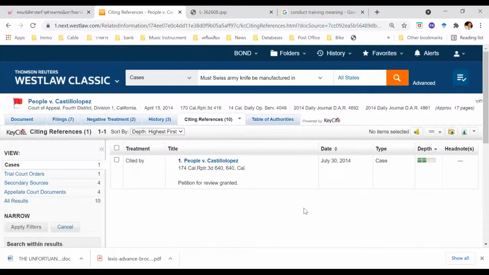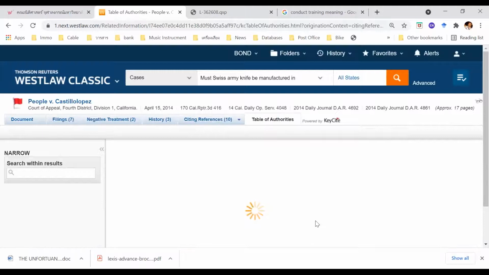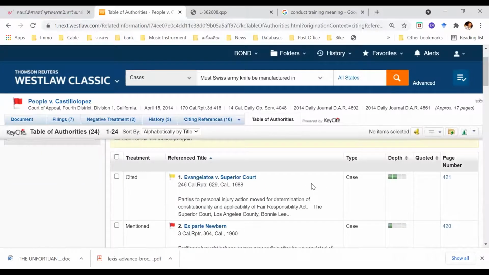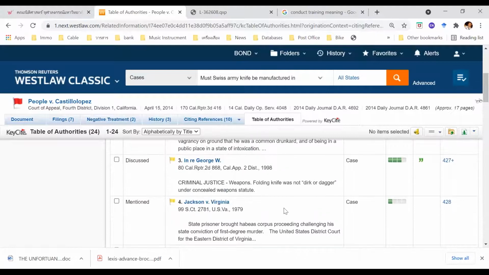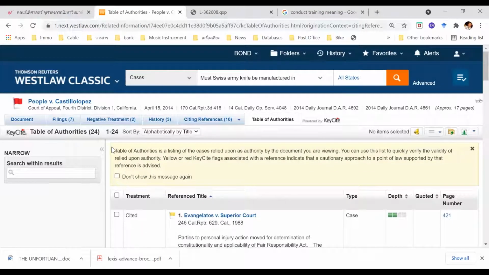See the cases mentioned here. And if you want to see which decision this case follows, you look at the table of authorities. So they apply this case, or cite this case. This is what we call direct history, or KeyCite, or something like that. It's different from the journals.